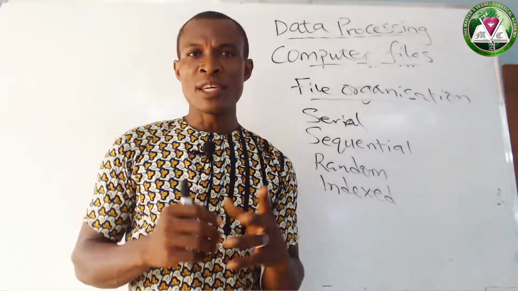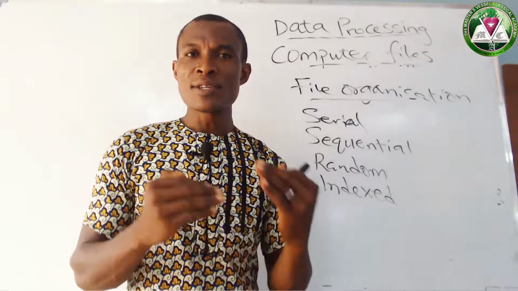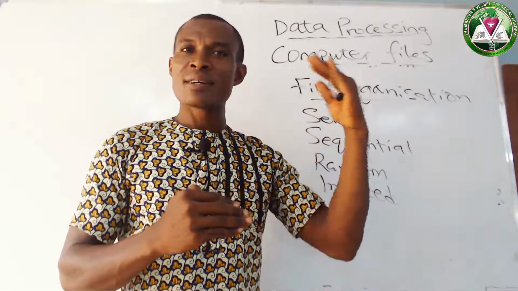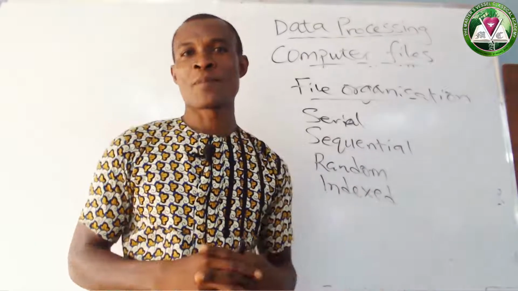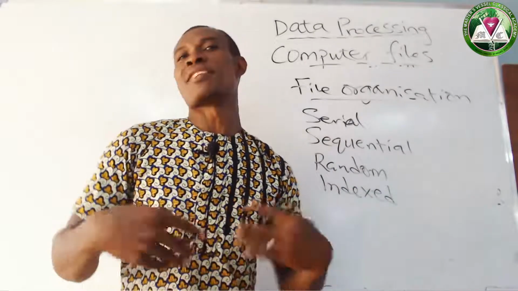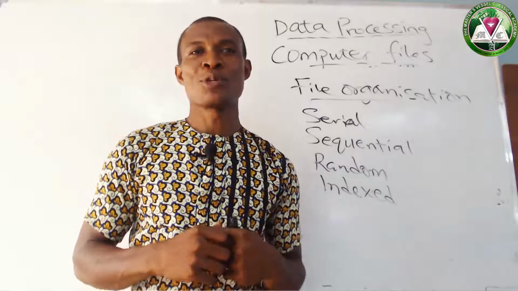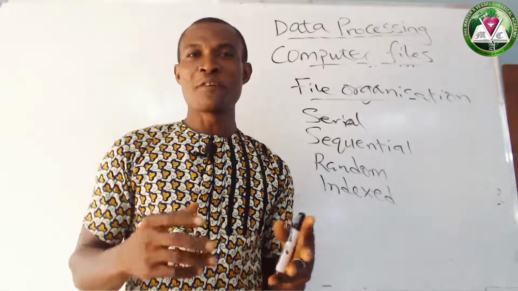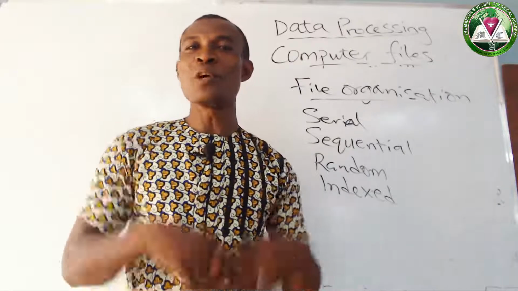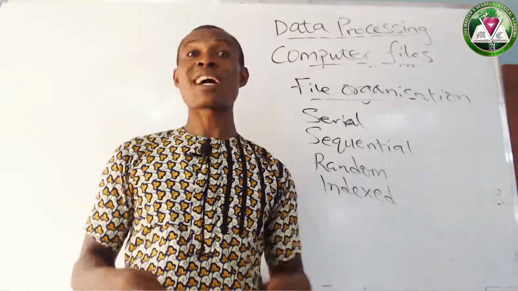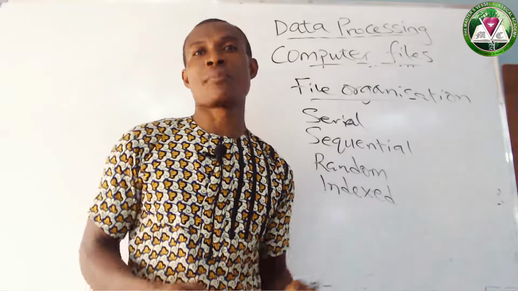Let me give you an example. In a school like this, each student has a registration number. And no two students can have the same registration number, you know that. So if we want to store information concerning our students here, we use the registration number, which will serve as your reference number.